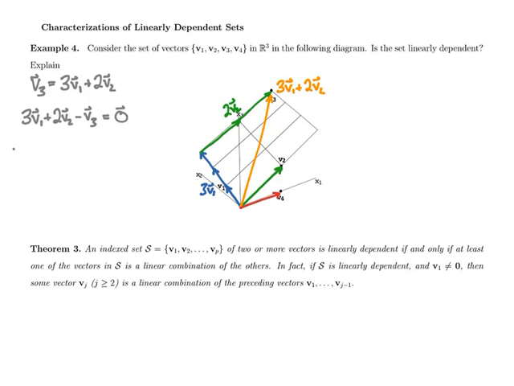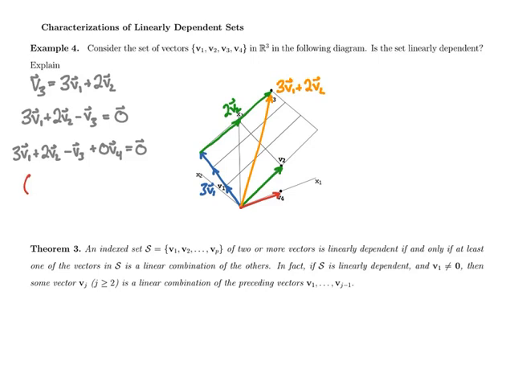And then maybe one more step here. Maybe I just have 3v1 plus 2v2 minus v3. And then since I haven't talked about v4, let's just add that in as well. Plus 0 v4 is equal to the 0 vector.